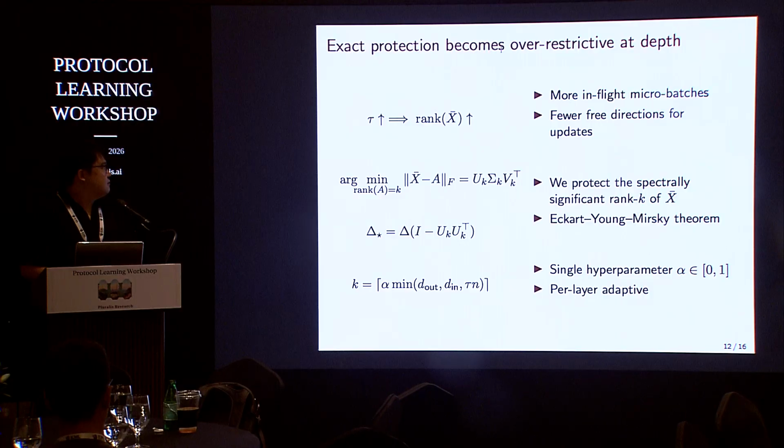Additionally, at depth, this can become very restrictive. So one modification we do is that we try to balance between keeping the forward equivalence and updating by using a low rank approximation of the features.